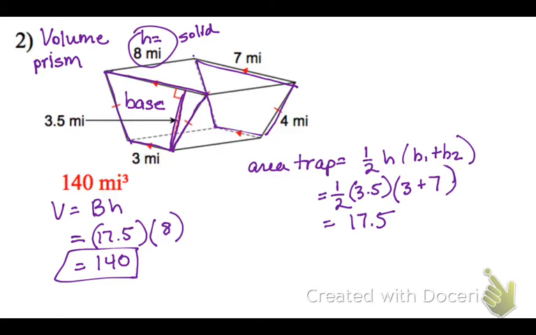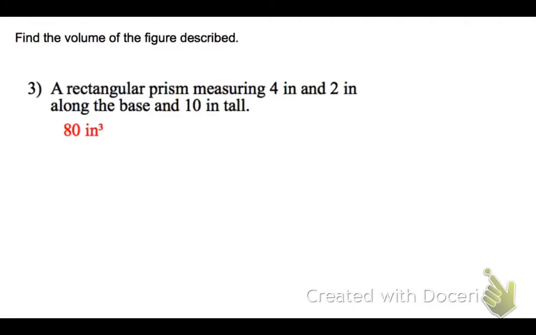Next. Now, this type of problem tests your ability to draw a figure based on a description. You can draw it or you can visualize, whichever way works for you. I generally have to draw it because I don't visualize very well, and that's just the way my brain works.